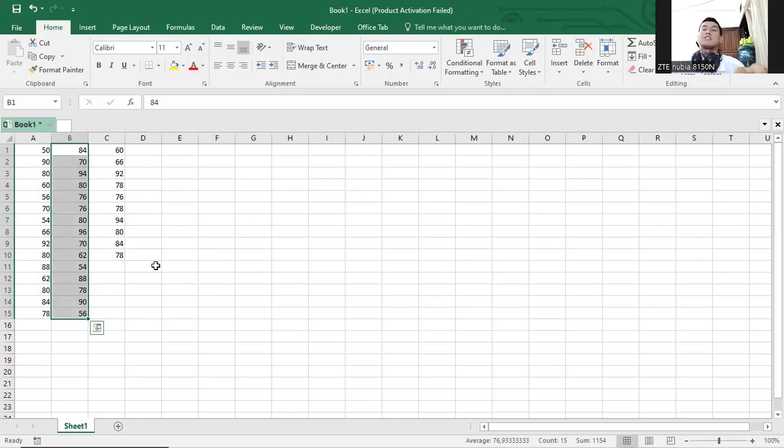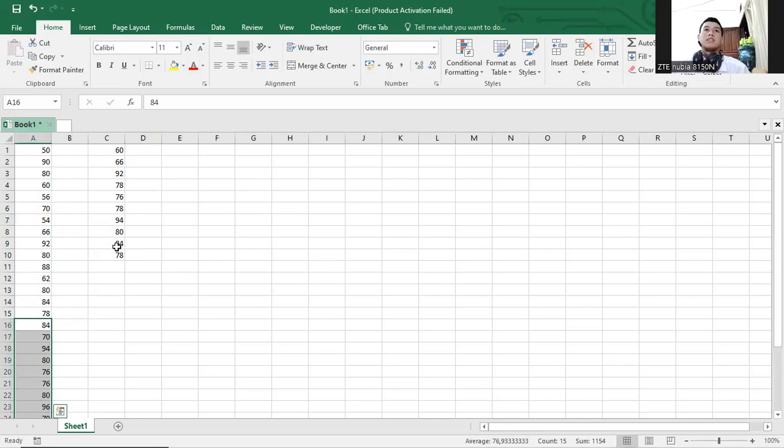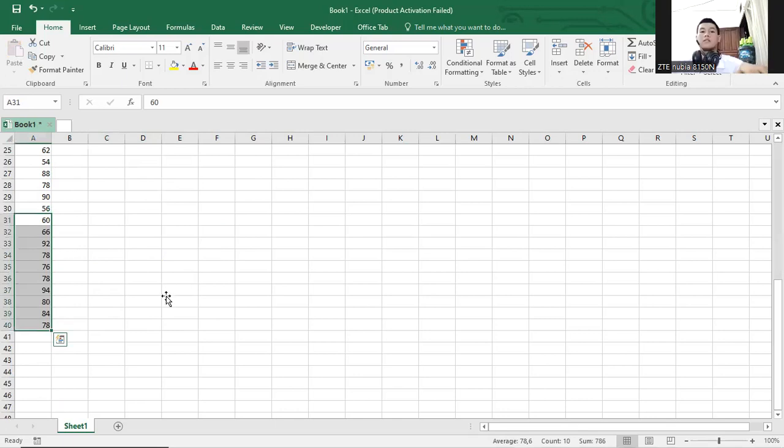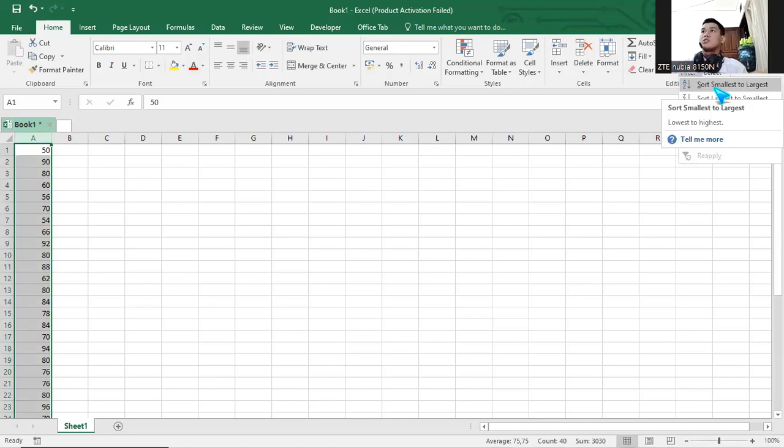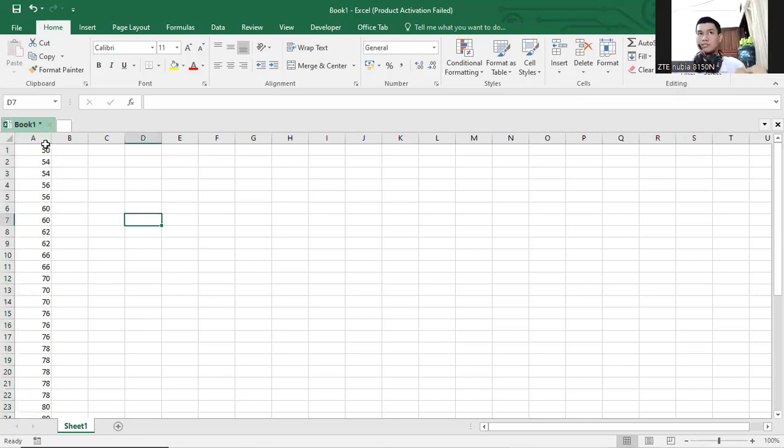How to do it: we move the data from columns B and C to column A, so we make the data in one column, by just cutting it and putting it in column A. After that, we go to Home and choose sort smallest to largest, and the data will arrange by itself.